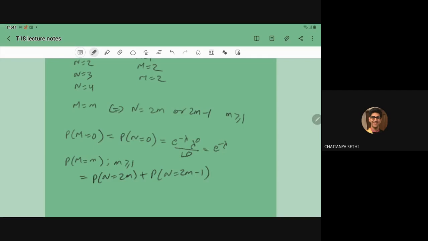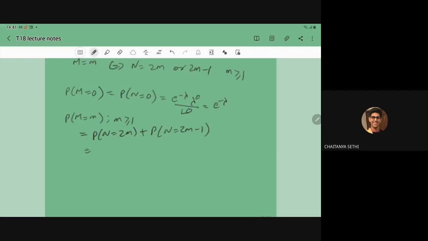Since N follows the Poisson distribution with parameter lambda, it will become e to power minus lambda, lambda to power 2m upon factorial of 2m, plus e to power minus lambda, lambda to power 2m minus 1 upon factorial of 2m minus 1.